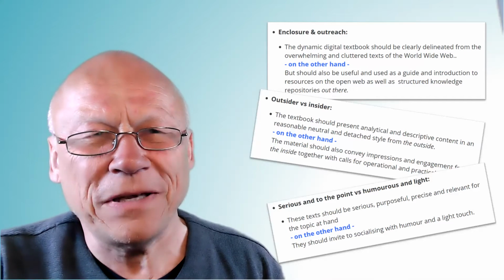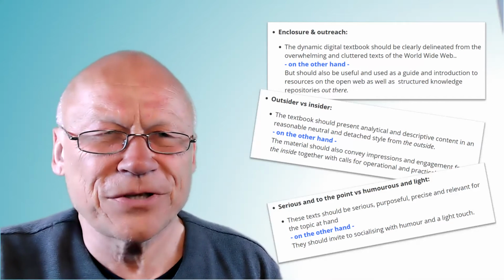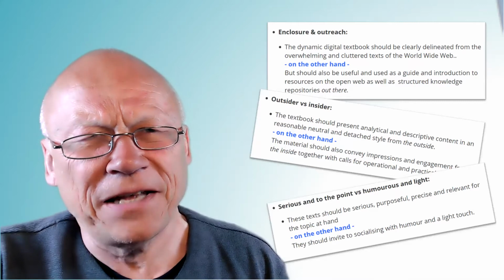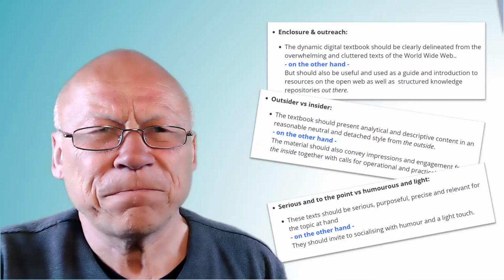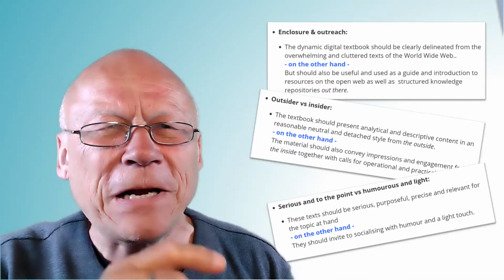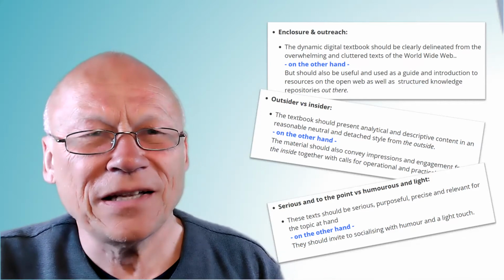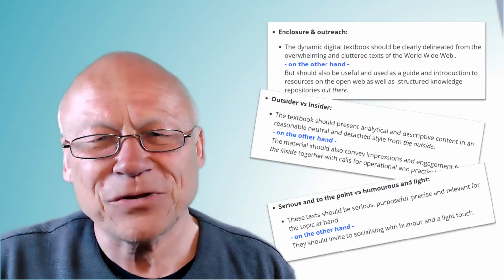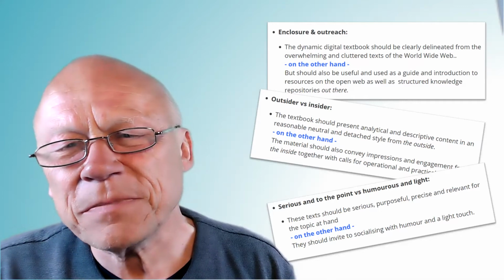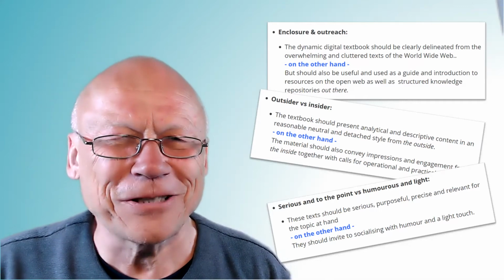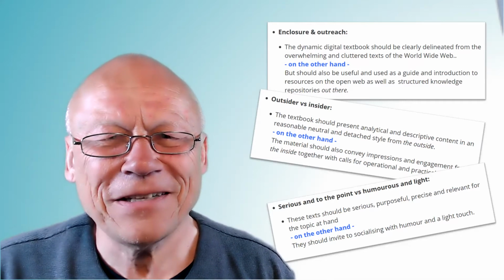We don't need to be too serious, too heavy-handed, too stiff upper lip. It's not necessary, and the students will not like that so much. So let us be serious, but also with a light tone and some humor.